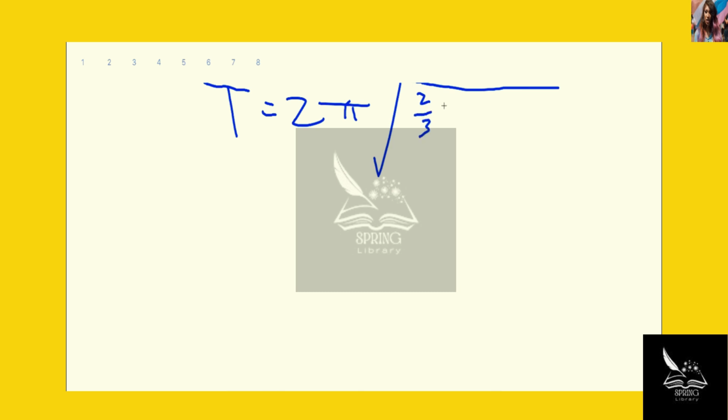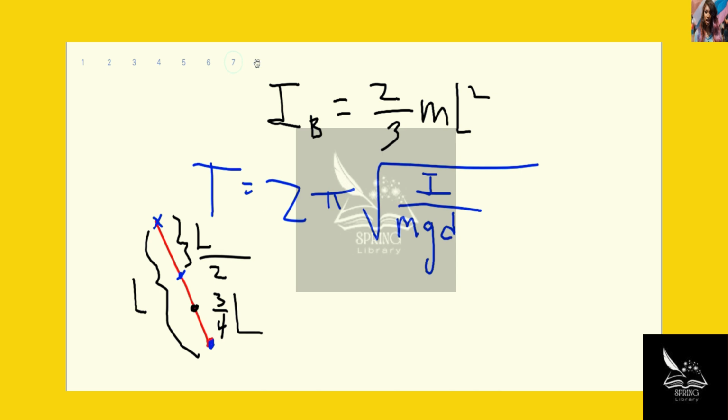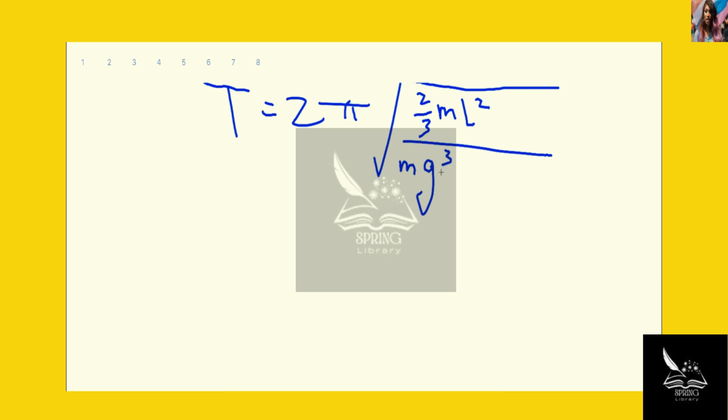Right. So in total, we're going to have the period is 2 pi square root. Okay, I, we're going to plug in our 2/3 M lowercase m L squared over m times g, and then we're going to plug in our 3/4 L here. Okay.